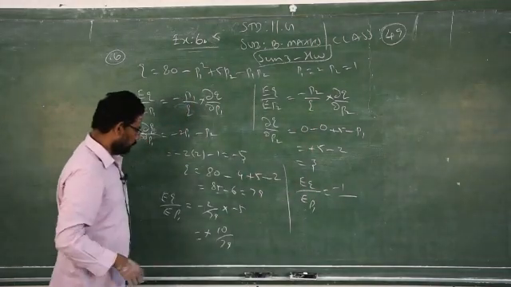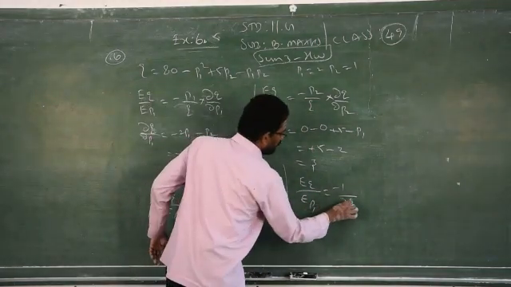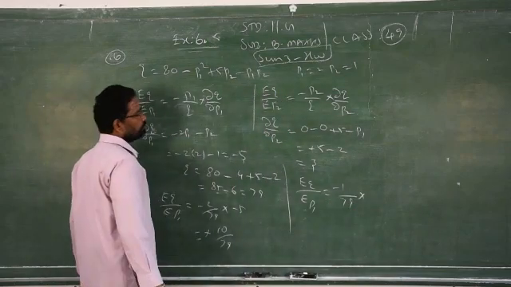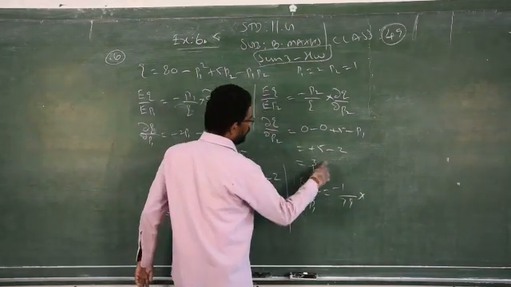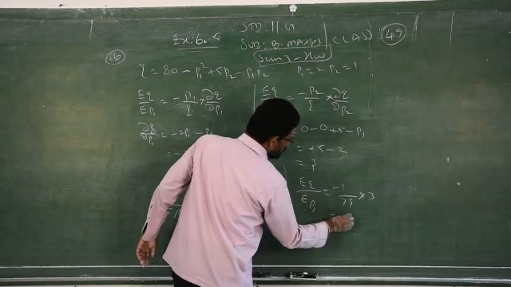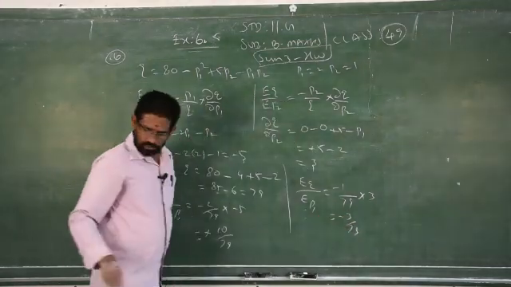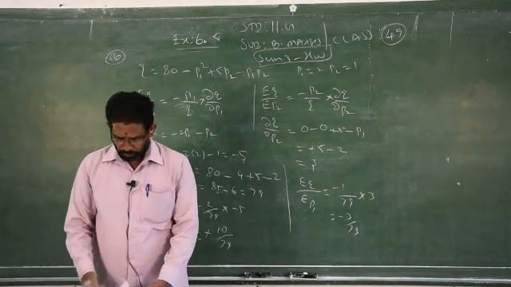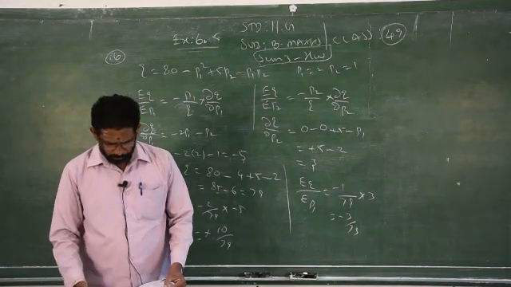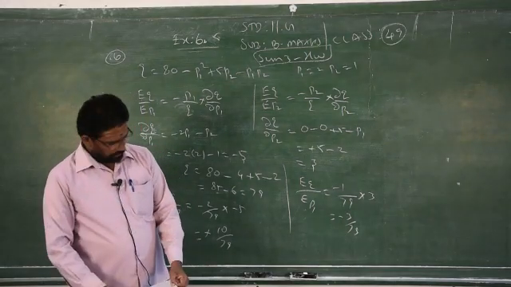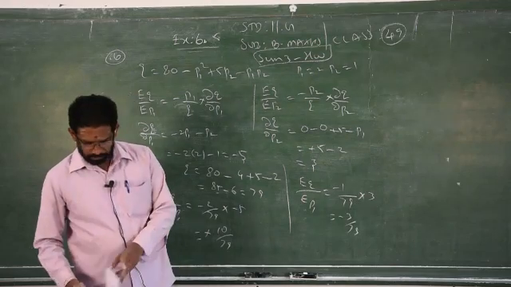What is Q? Q is 79 into dou Q by dou P2, 3. So the answer is minus 3 by 79. So these are very simple formulas. 10 by 79 and minus 3 by 79, it is correct.